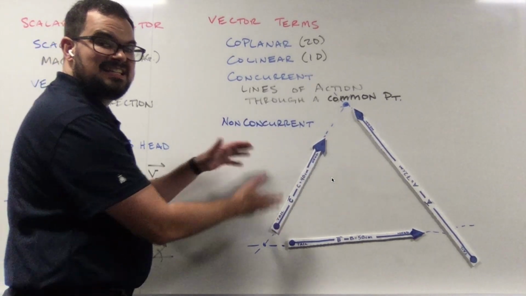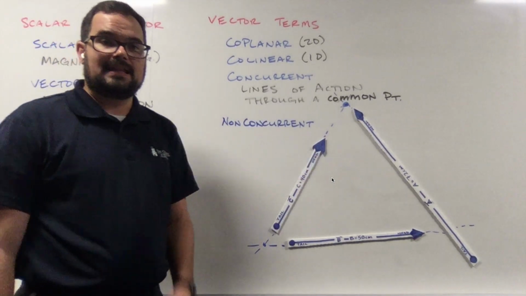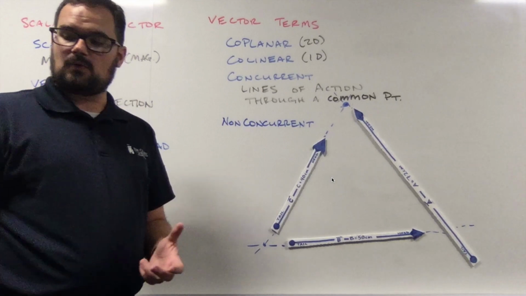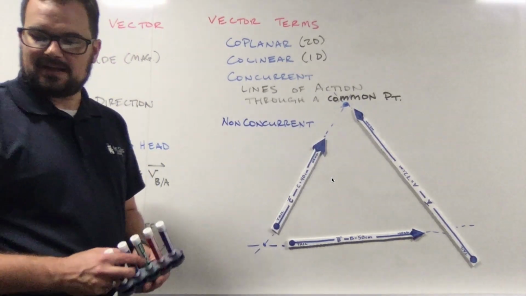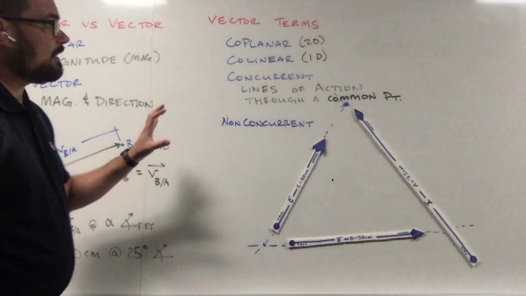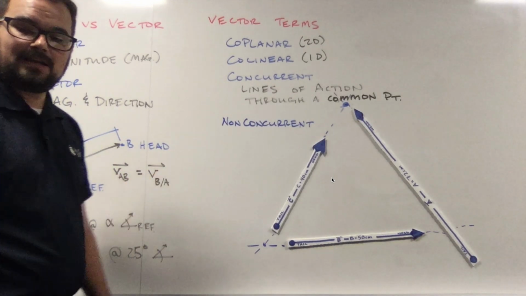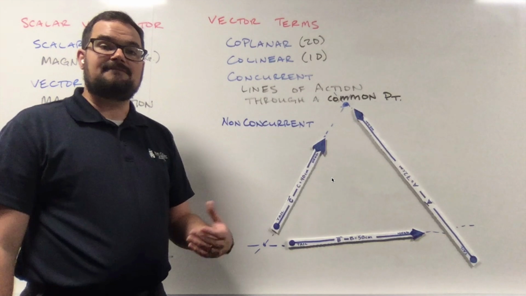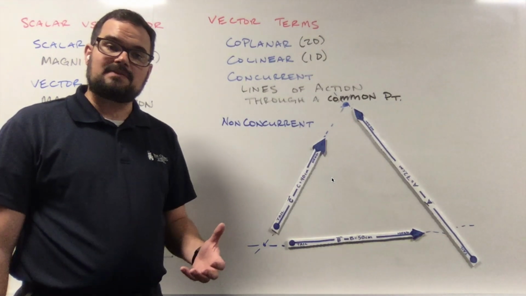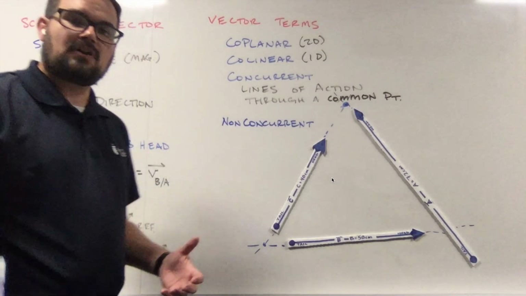And this introduces distances between the lines of action. That's going to be very important when we study our force systems in a couple of lectures. So this is how our major terms come into play. In the next video, we'll start talking about vector mathematics because it has its own mathematical art. But for the moment, these are our major terms.